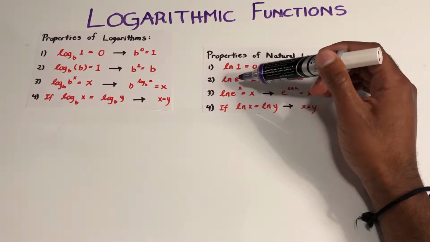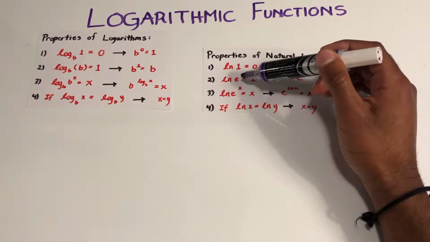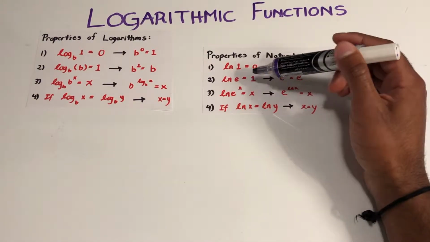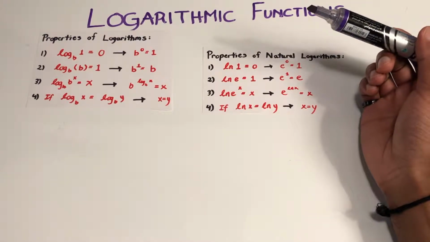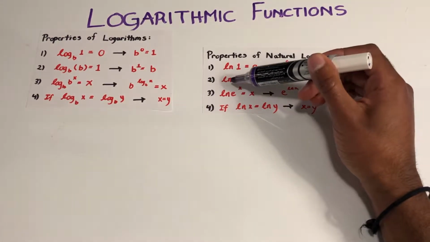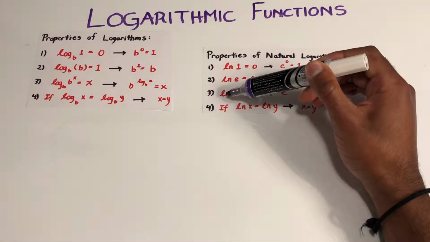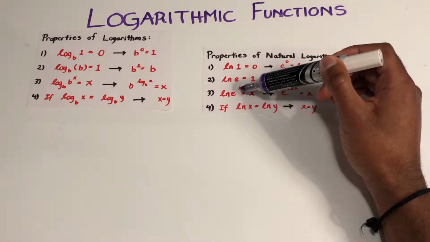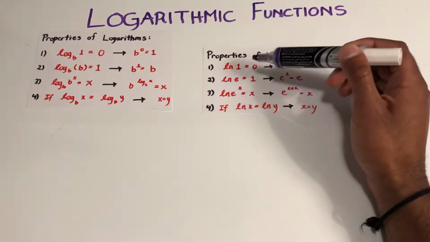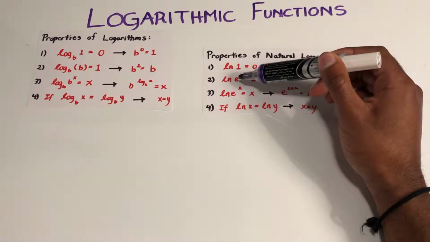In our second property here, we have the natural log of e is equal to 1, which is logically correct, because e to the power of 1 is going to give you e. We have the natural log of e to the power of x. We already said that the natural log of e is just 1.